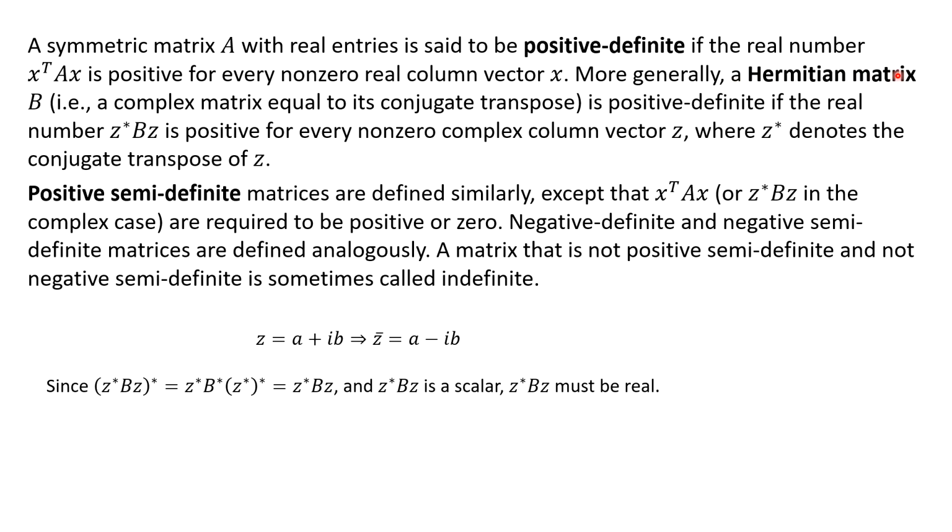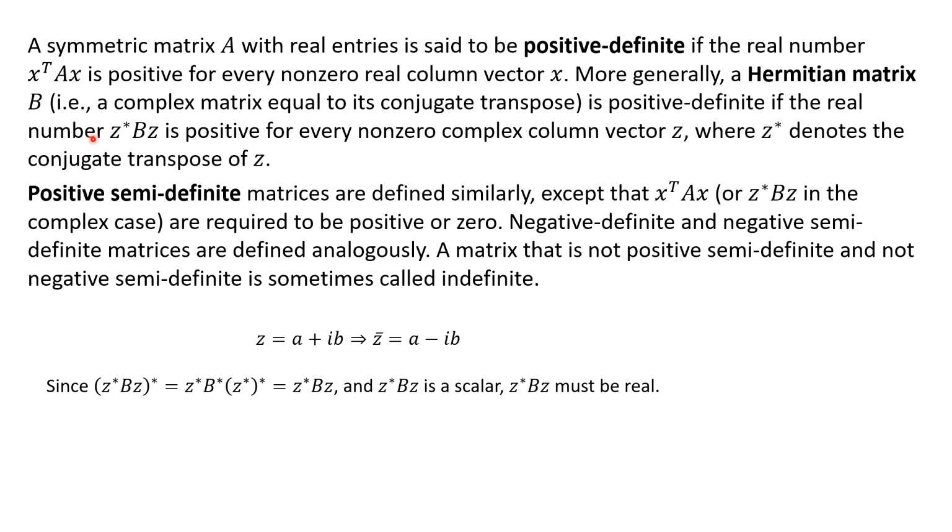A Hermitian matrix B, in other words, a complex matrix equal to its conjugate transpose, that's taking the conjugate of the transpose of B and then taking the conjugate of every element in the transpose, is positive definite by definition if the real number Z star BZ is positive for every non-zero complex column vector Z, where Z star denotes the conjugate transpose of Z.